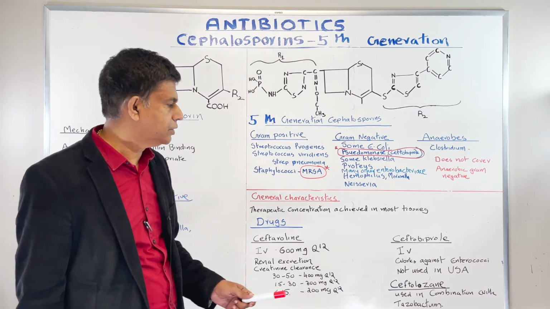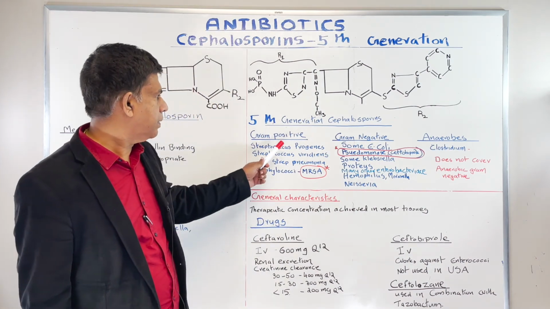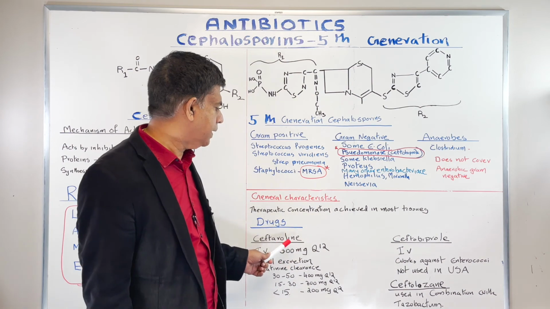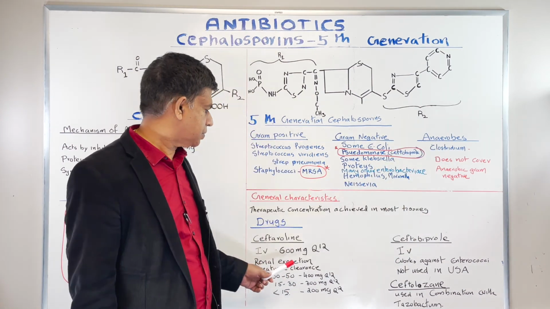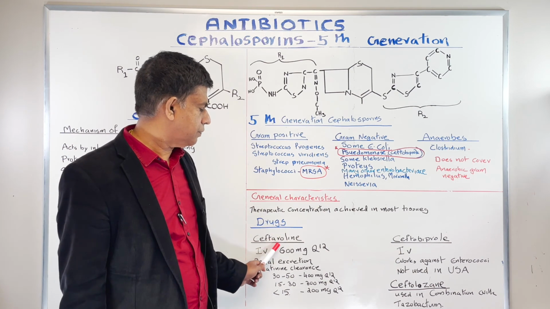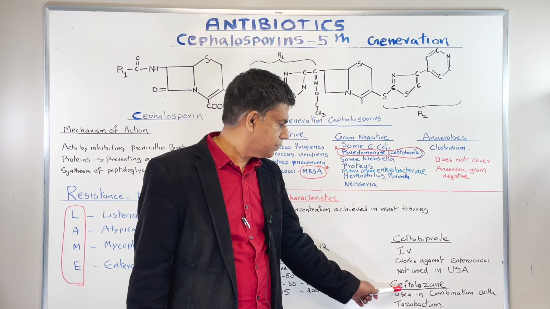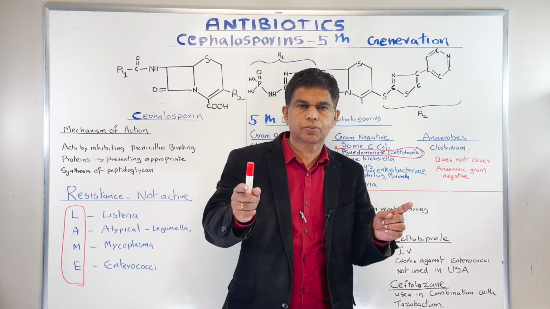Enterococci has coverage with ceftobiprole. Okay, and remember, gram-positive MRSA, very, very important. And then some coverage against Clostridium, gram-positive Clostridium. Two main drugs, ceftaroline and ceftobiprole, and the other one, ceftolozane, is used in combination with tazobactam.